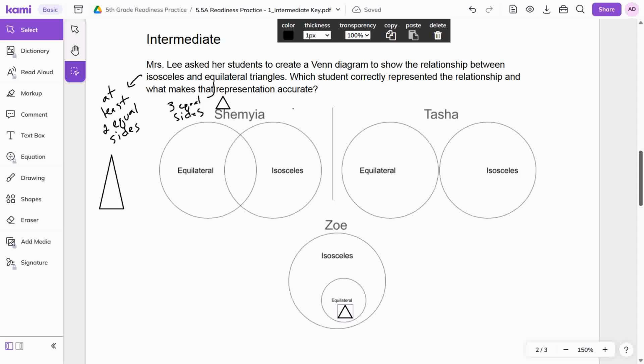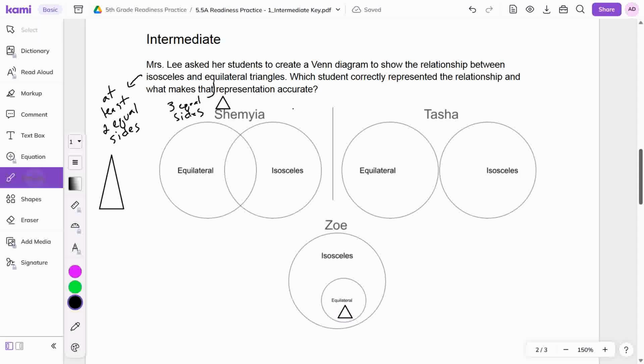All right, so there's my equilateral triangle. I'm looking at the one that Zoe has right there. Does that equilateral triangle have at least two equal sides? Yes, it does. So that means that Zoe is correct.